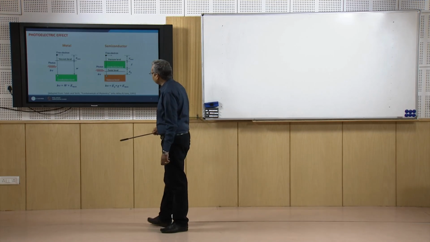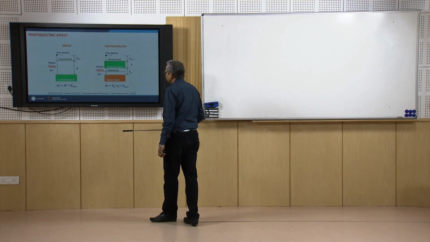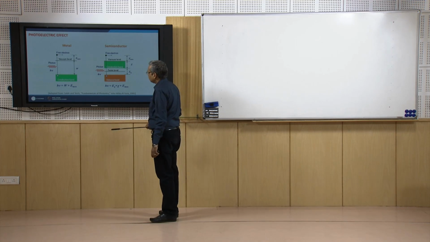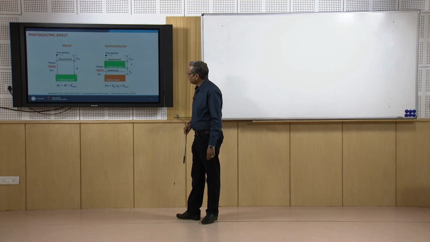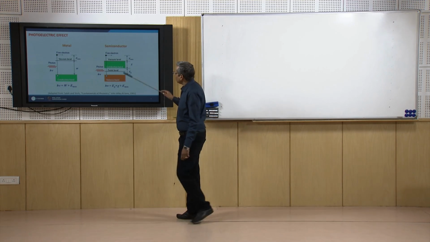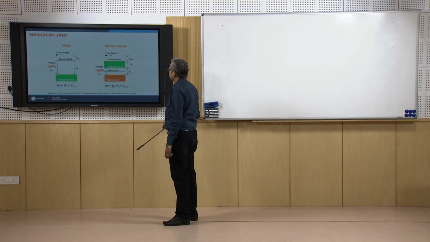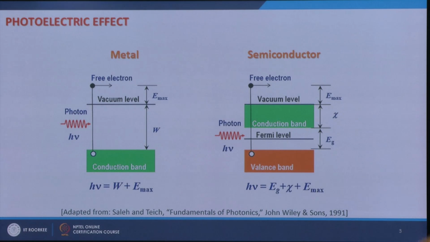So, now if you want to knock out an electron from a semiconductor, you will have to incident a photon of energy which can overcome this band gap, so that the electron can go into the conduction band, and then you have the work function chi. So, it has to overcome this work function also, then it can come out of the material.